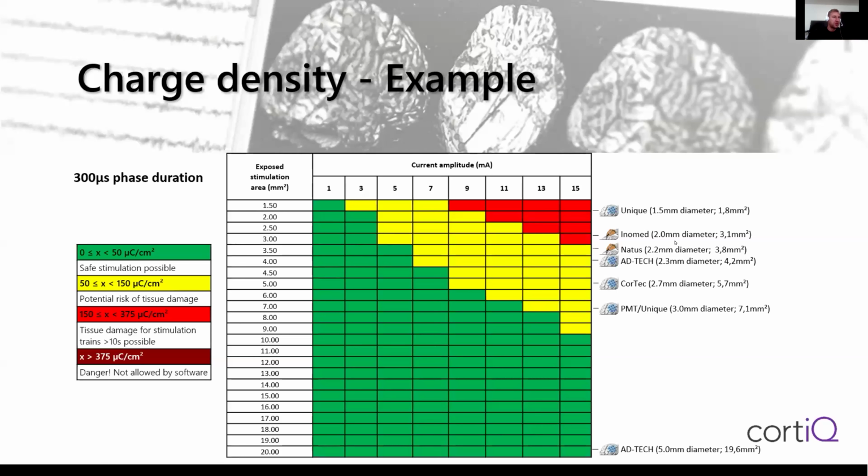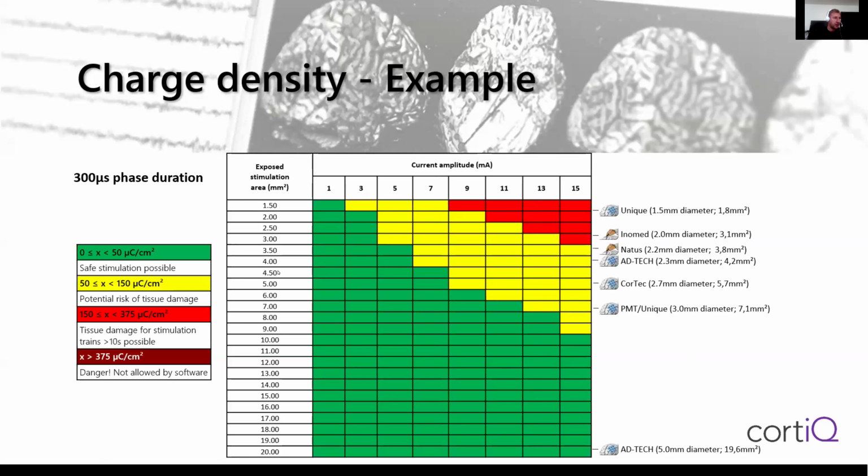There are different manufacturers for electrodes like handheld probes, stereo EEG and grids. Here you can see, for example, the diameter that is exposed and in touch with the tissue, and this will give you an area. Based on that area, we can then calculate the charge density per phase.